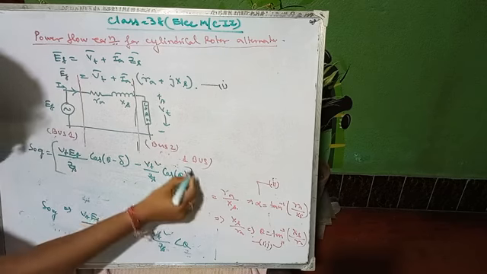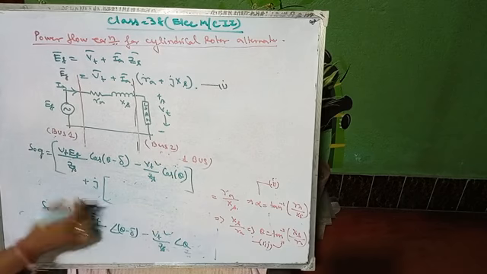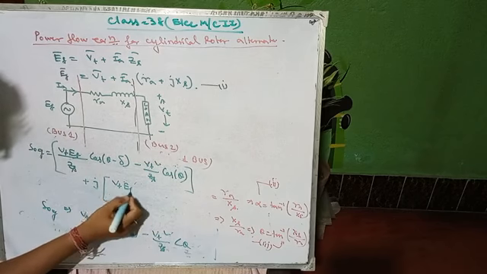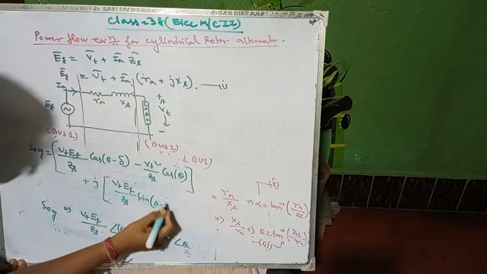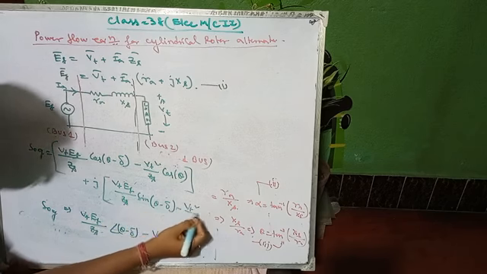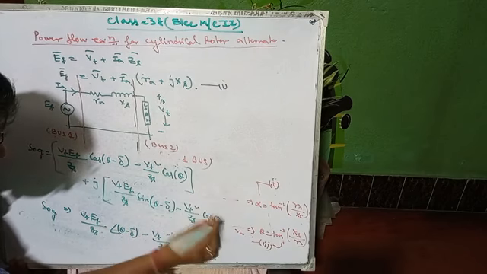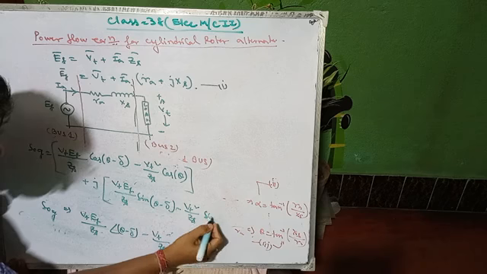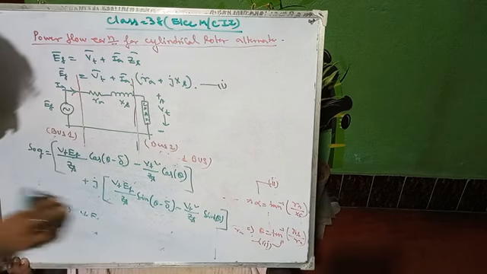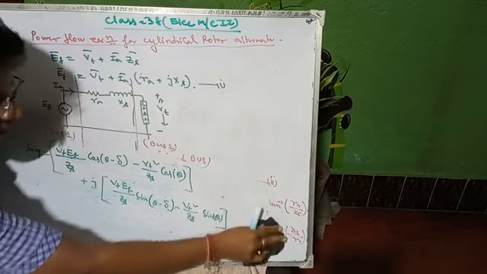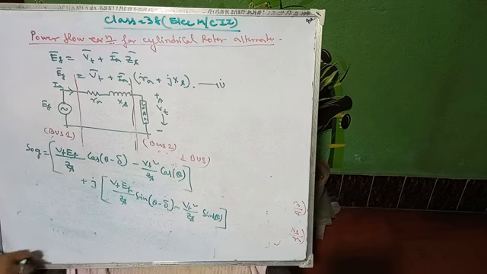This is the real part, that is the cos part, plus j taking common VTEF by ZS sin of angle theta minus delta minus VT square by ZS sin theta. So this is the rectangular form of the output power equation. Is it clear?